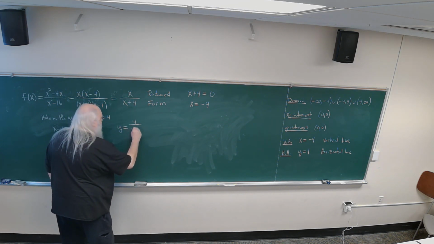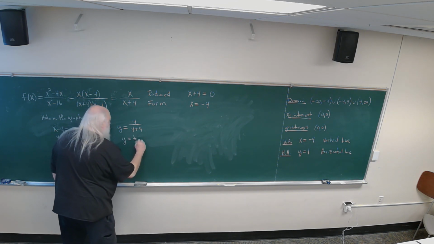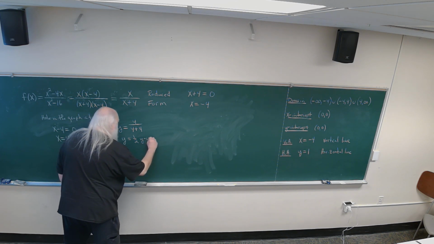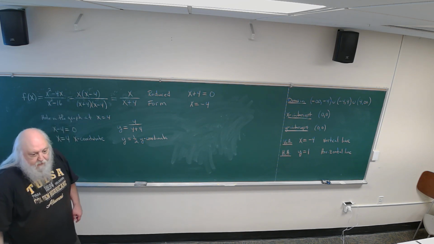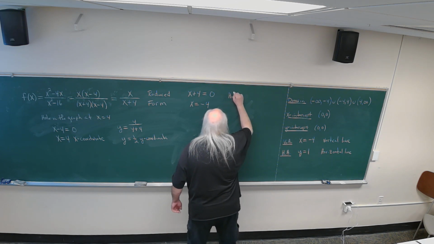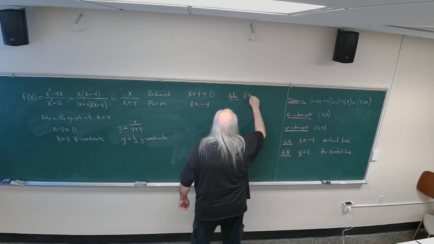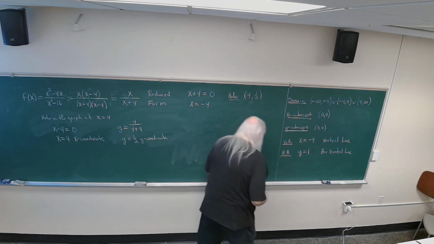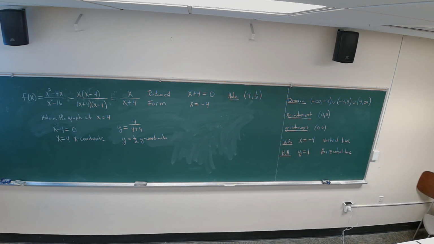We have 4 over 4 plus 4, which simplifies to 1/2. So y equals 1/2 is the y coordinate where the hole in the graph is located. So the coordinates for the hole in the graph is the point 4, 1/2. Okay. So that's what you can fill in the blank down here.